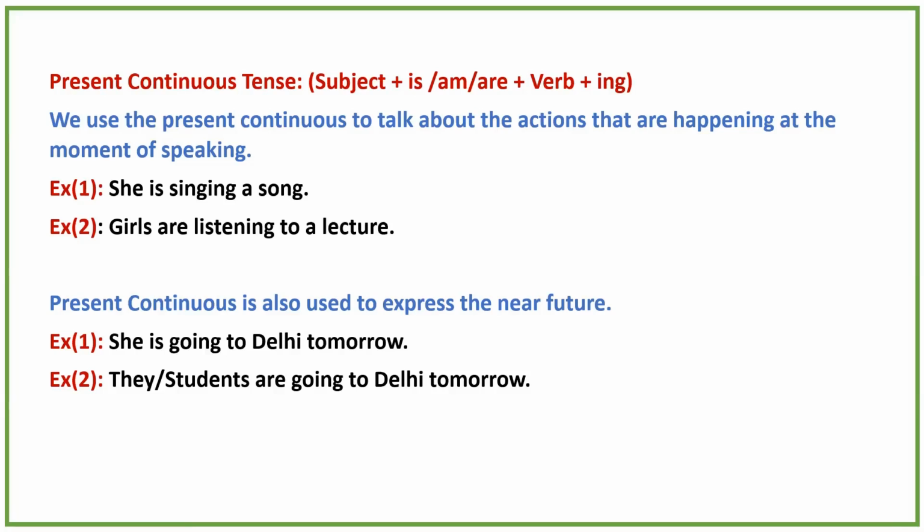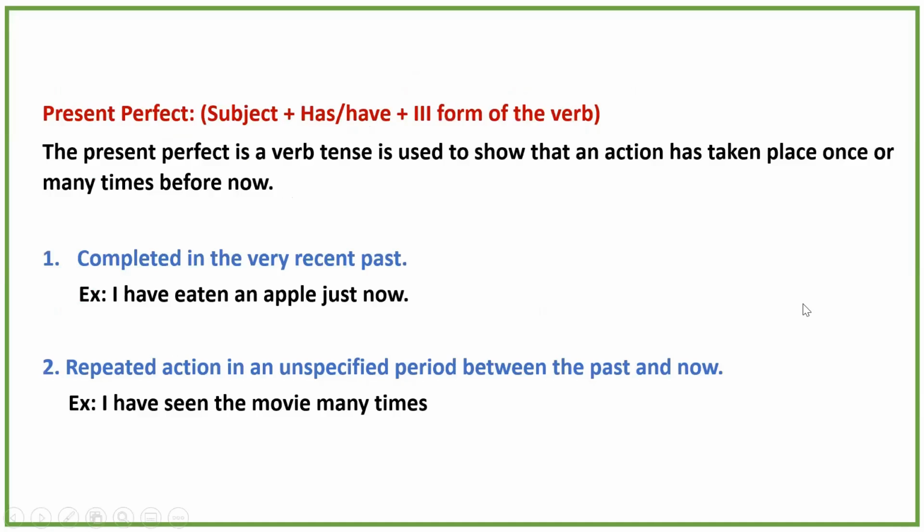Then, present continuous tense is also used to express the near future. Example, she is going to Delhi tomorrow. The students are going to Delhi next week. So present continuous has 2 uses. One, to talk about the actions that are going on now at present, and two, to express the near future.